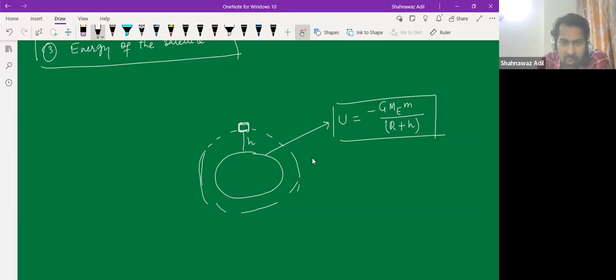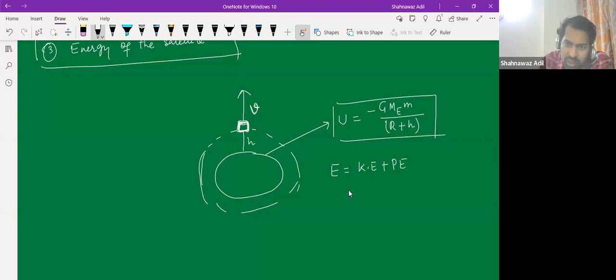And if I provide some kinetic energy, some velocity, so let's say I project something from here with some velocity v in the upward direction, then the total energy would be kinetic energy plus the potential energy.